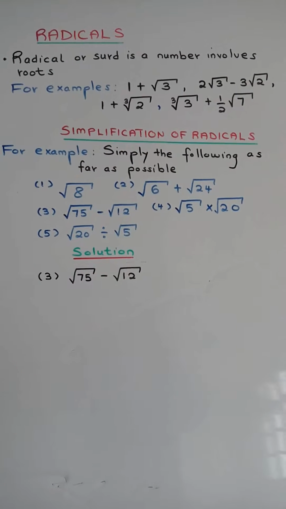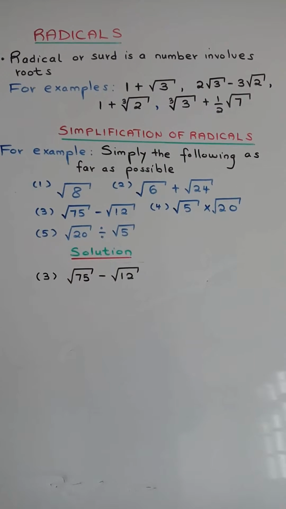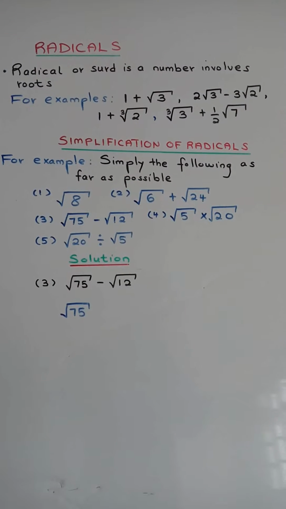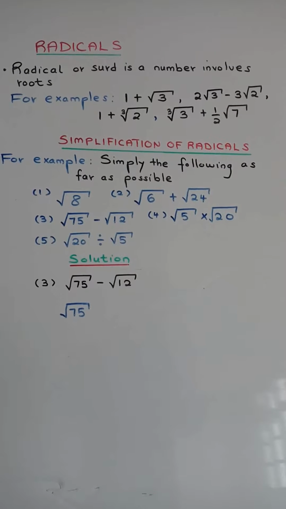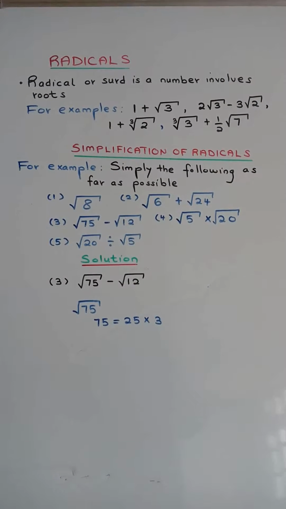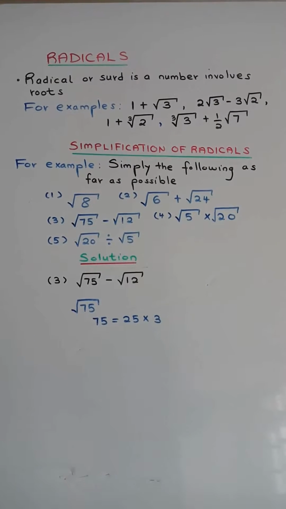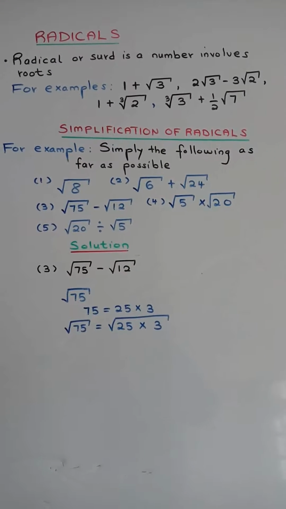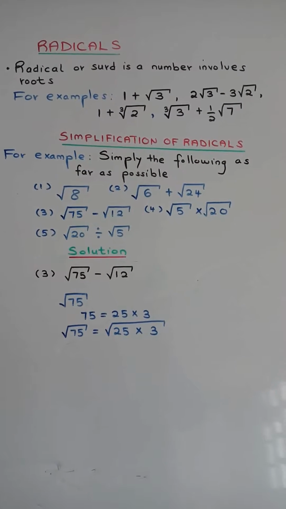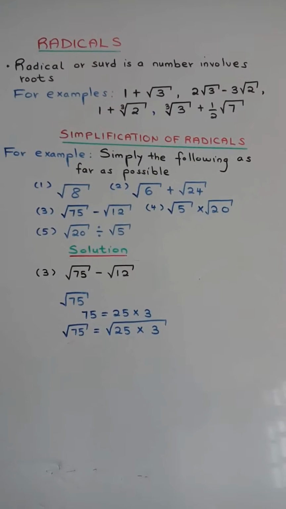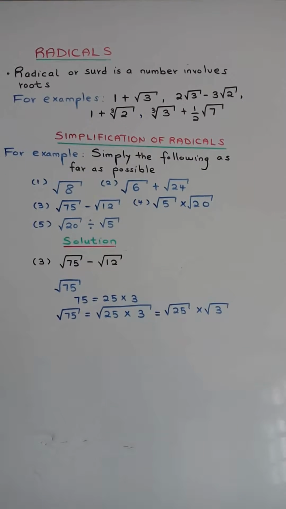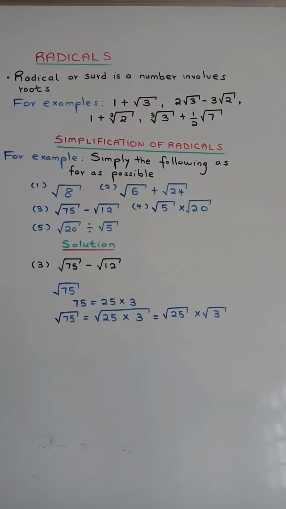Number 3, radical 75 minus radical 12. Consider radical 75. 75 is equal to 25 times 3. So radical 75 is equal to radical 25 times 3, which is equal to radical 25 times radical 3.